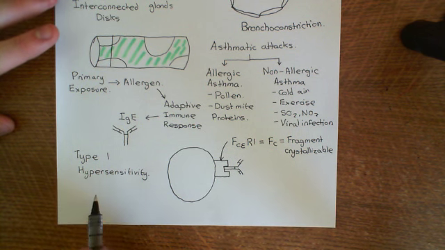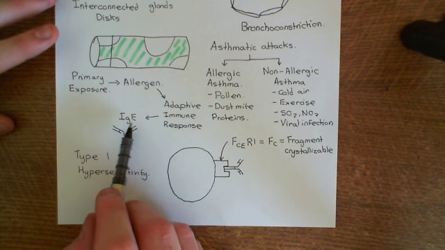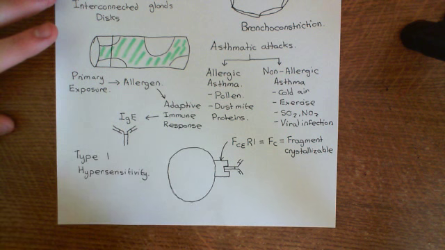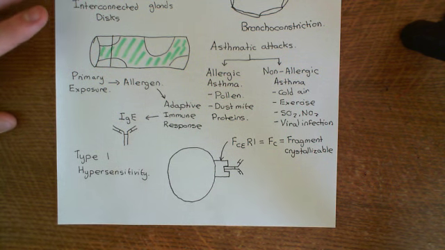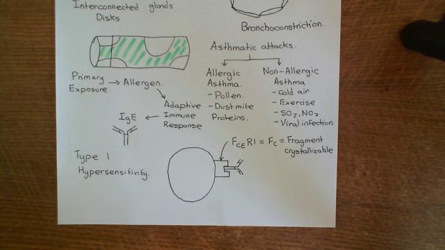Okay, now there are many different types of hypersensitivity reaction. This is a type 1 hypersensitivity reaction because it's resulted in the production of immunoglobulin E against this allergen. Okay, right. Now, how does this then lead to asthma?